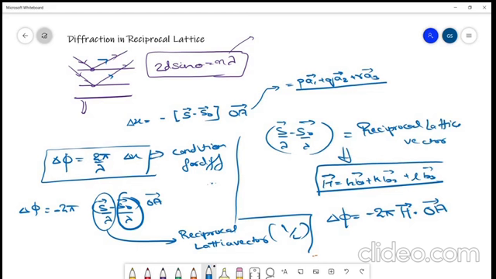Now this is a reciprocal lattice vector with reciprocal basis vectors, and this is a real space vector where A1, A2, A3 are the real space basis vectors. If we take the dot product of this, we have to keep in mind that Bi dot Aj will be 1 if i equals j and will be 0 if i not equals j.